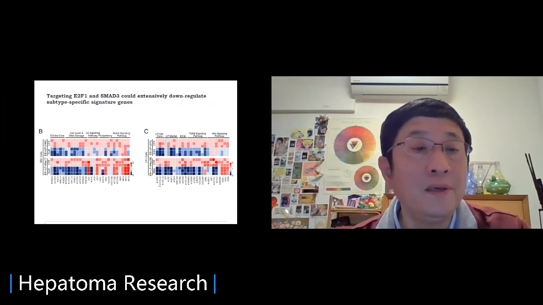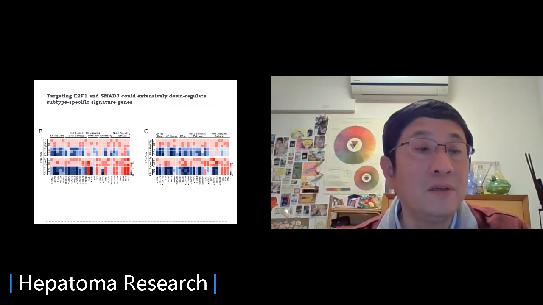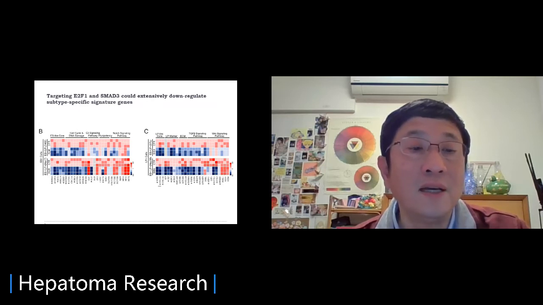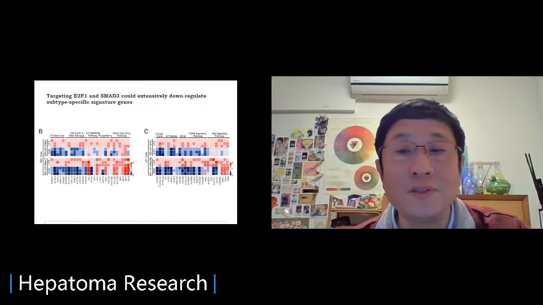In panel B, we found inhibition of E2F1 with HLM could significantly downregulate the embryonic-like signature genes. In panel C, we can see the inhibition of SMART3 with SIS3 could downregulate the liver progenitor-like signature genes.